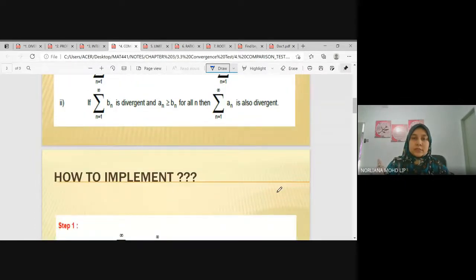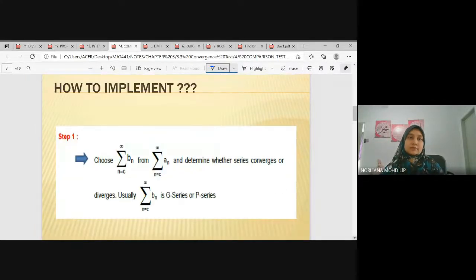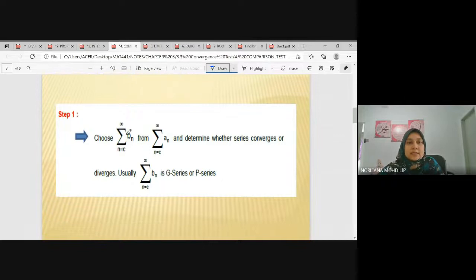Okay, how to implement this comparison test? First step, choose bn, the series of bn from the series of an and determine whether the series converge or diverge.